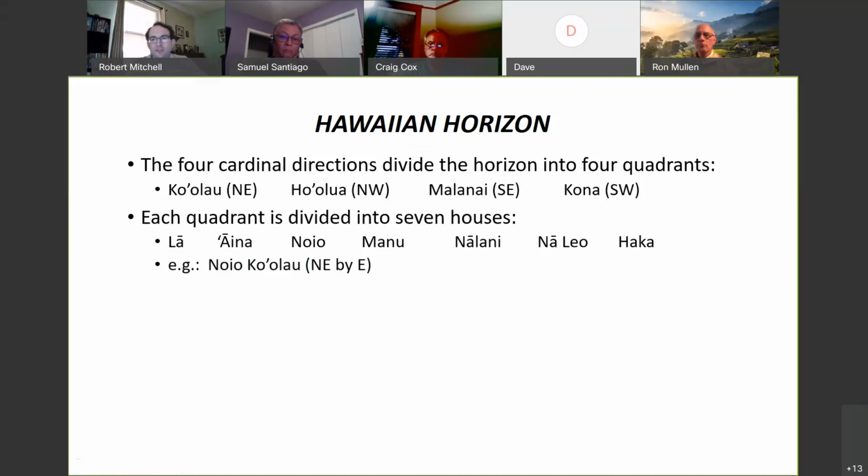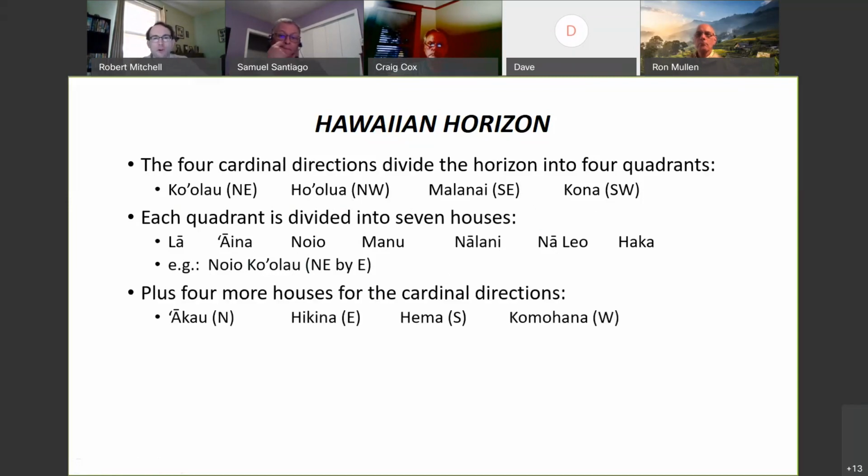So that's 28 houses altogether. And then you have 4 more houses for the north, east, south, and west directions. So that's 32 houses altogether. And the Hawaiians and other Polynesian mariners identified which way they were going exactly by these houses.